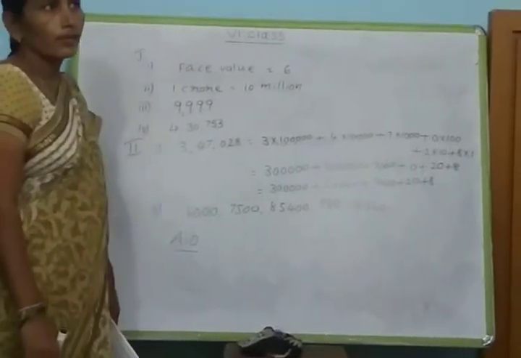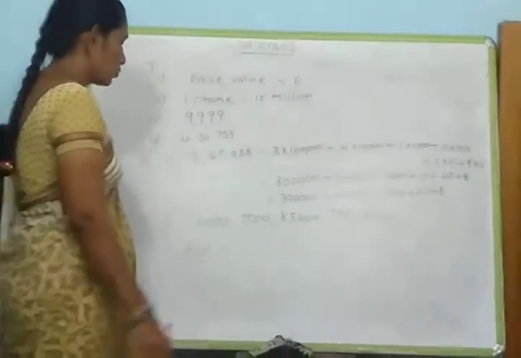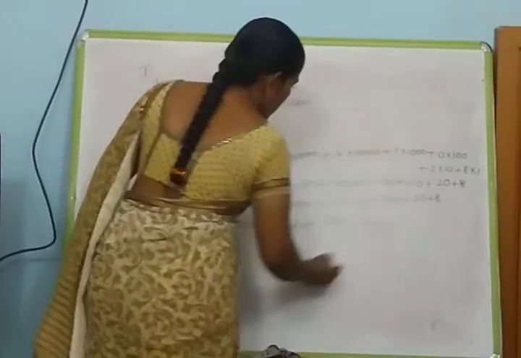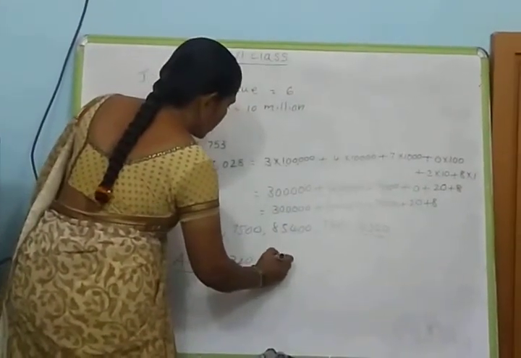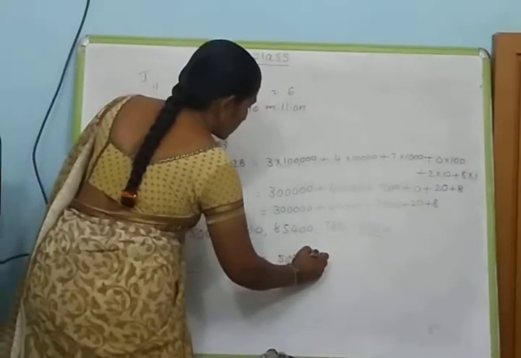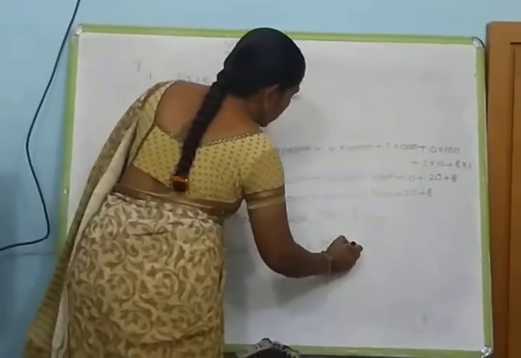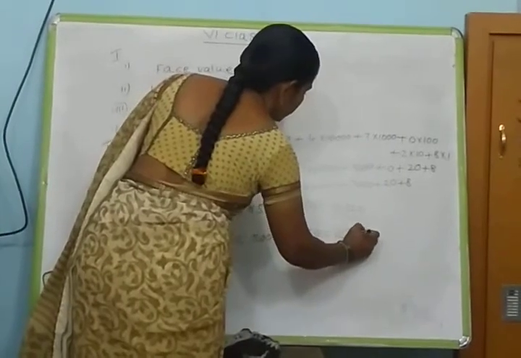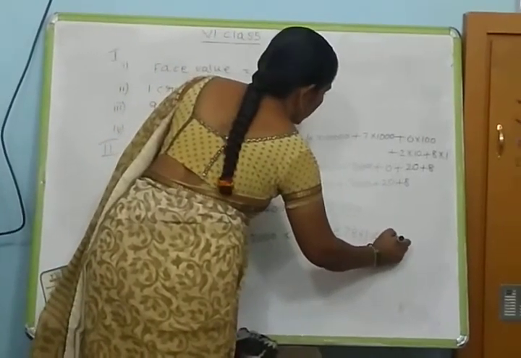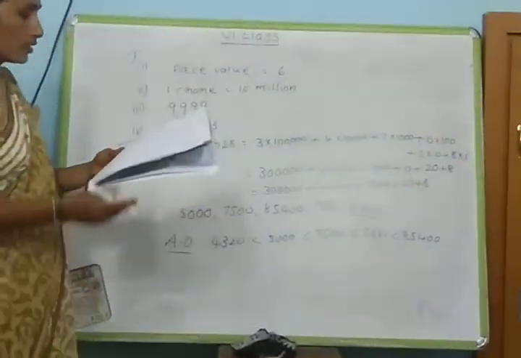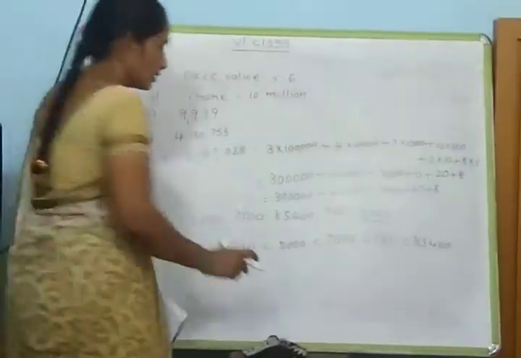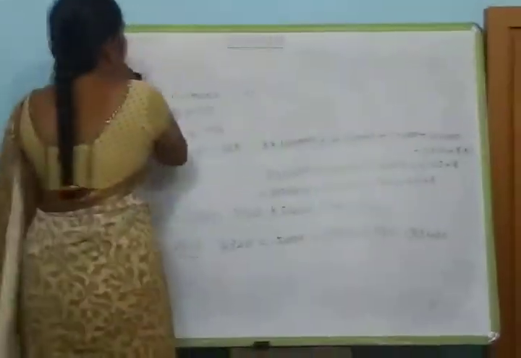Ascending order means numbers are arranged from smaller number to bigger number. In these numbers, which is the smaller number? 4,320 is less than 5,000 is less than 7,500 is less than 85,400.